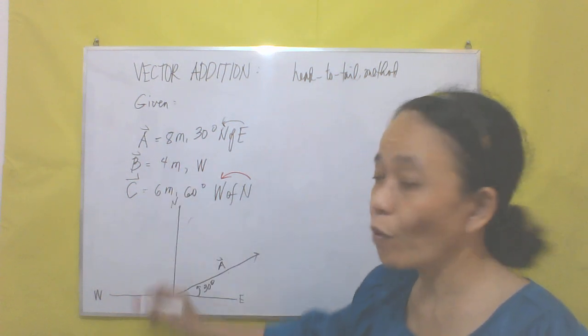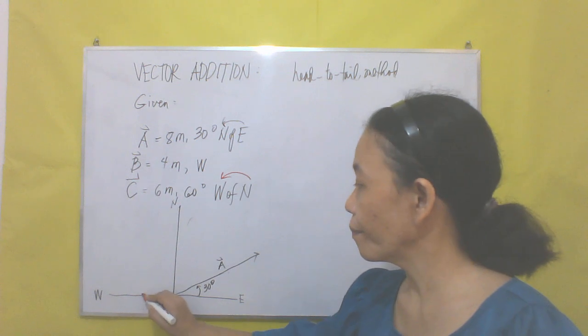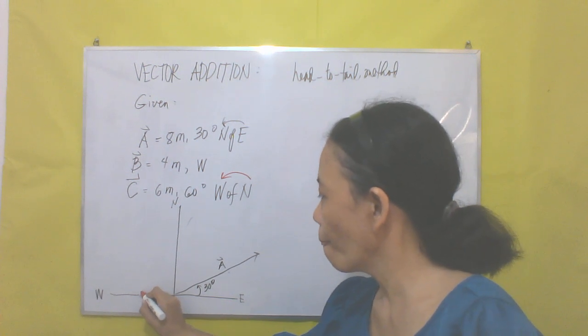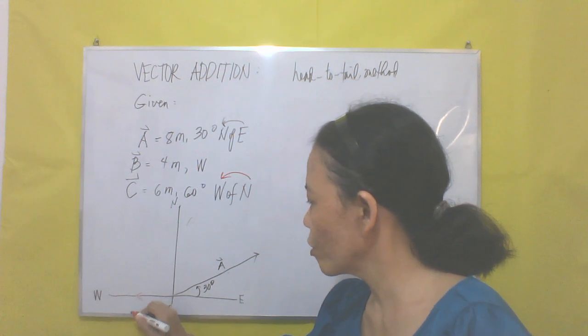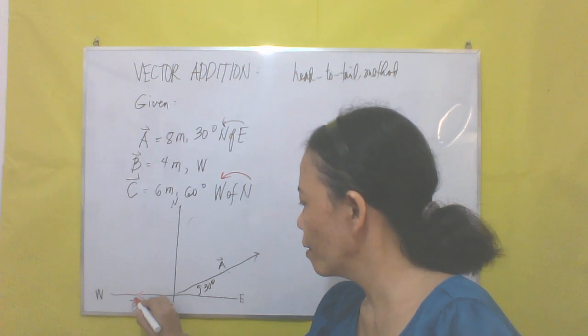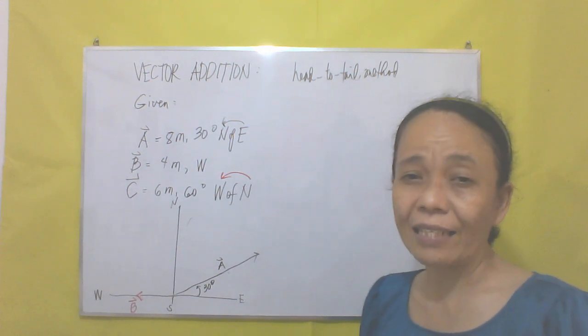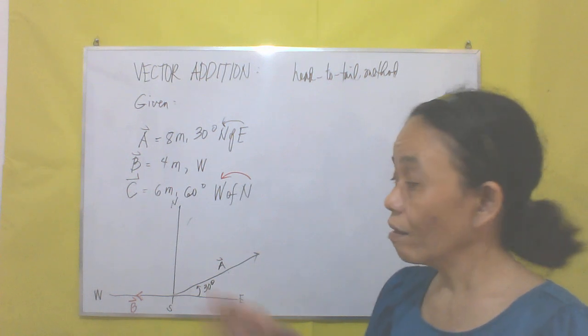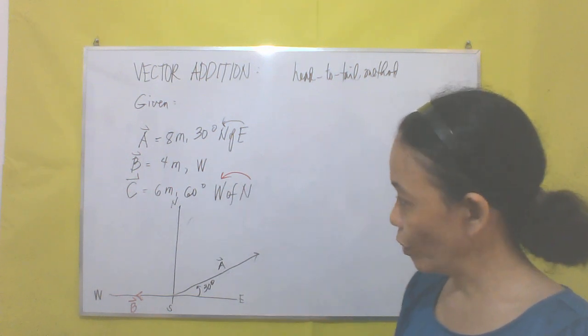Okay, next vector B. Vector B is 4 meters west. So this would be our vector B, somewhere here. Next, vector C, 6 meters 60 degrees west of north.